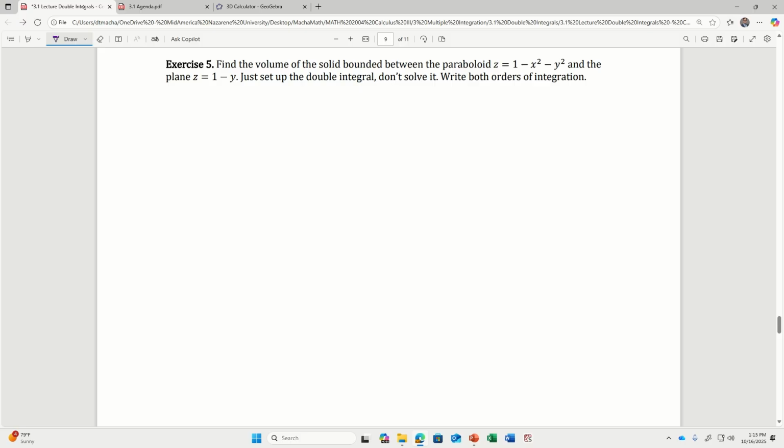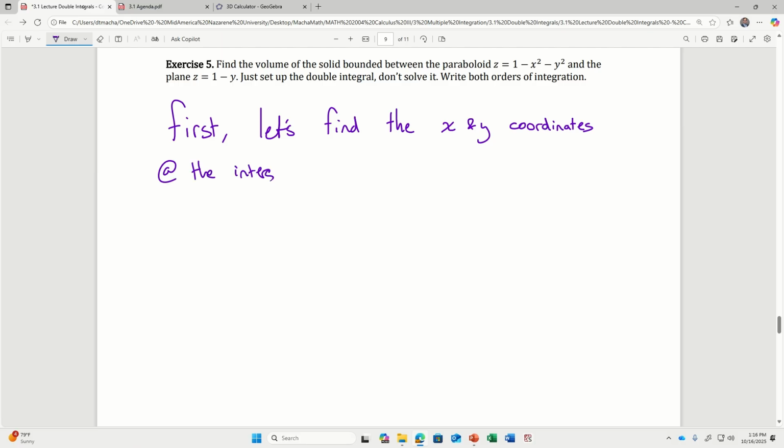First, let's find the x and y coordinates at the intersection of the paraboloid surface and the plane.